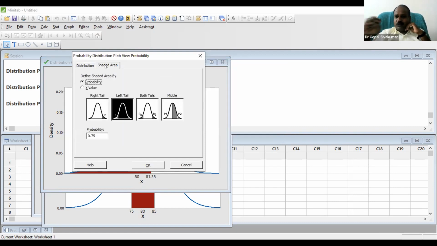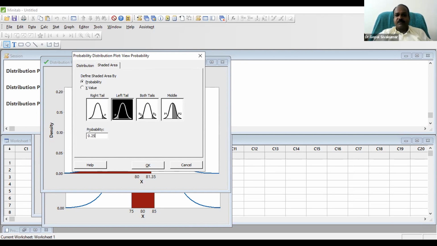It is not quartile 2, it is not quartile 3, it is nothing. I know the percentage of students who scored below a particular point. So I have the same left tail. Instead of 0.75, let me say 0.25. Do you know what is the point I am targeting now?